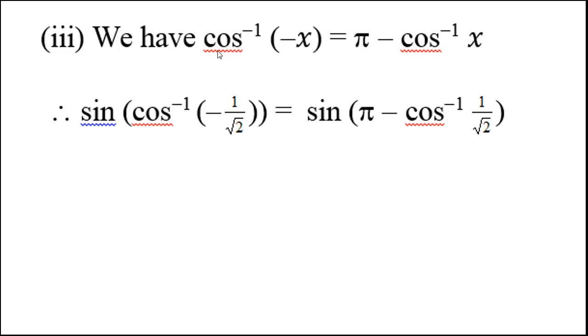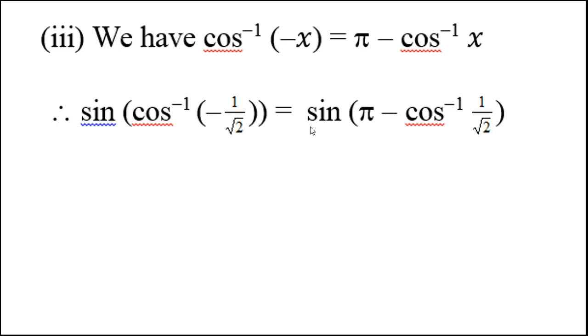Now I have a result. What result? Cos inverse minus x is equal to pi minus cos inverse x. So first I will use that result and write this cos inverse minus 1 by root 2 as pi minus cos inverse 1 by root 2.